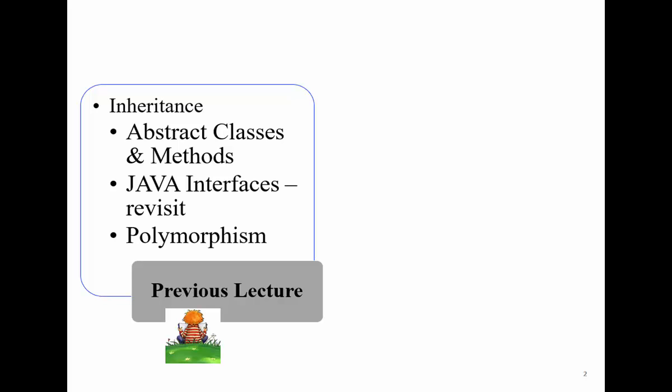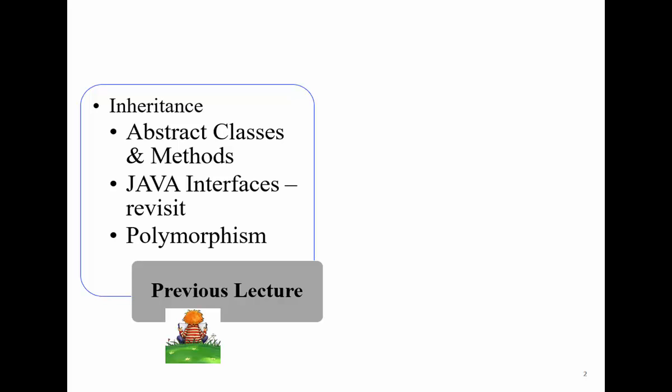We revisited the Java interface, and we saw the relations between the Java interface and the inheritance hierarchy. We can create a Java interface that contains public abstract methods, and we can ask independent classes to implement this interface. So some independent classes can implement the same interface.